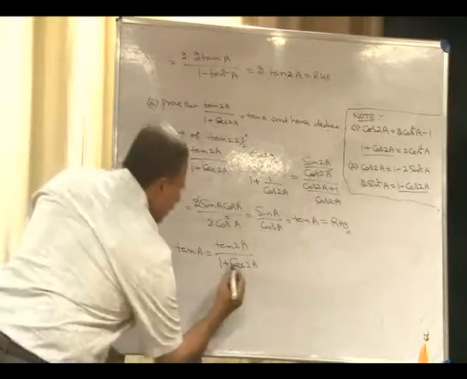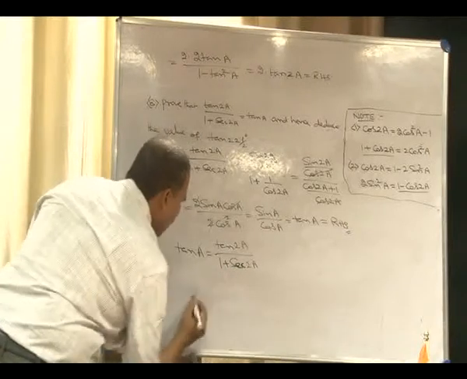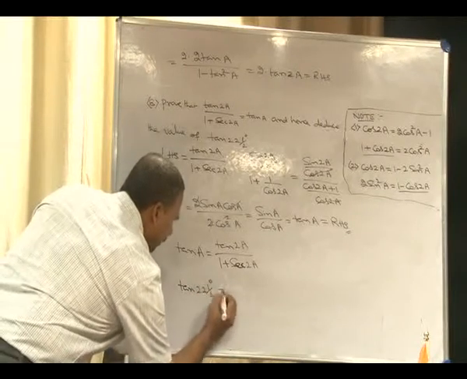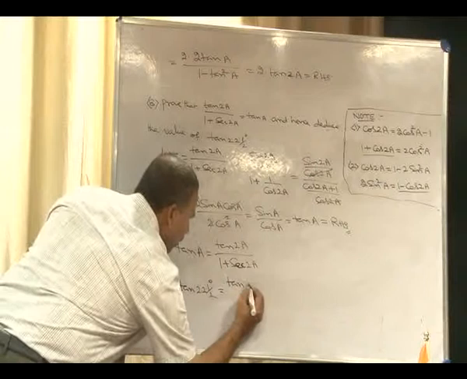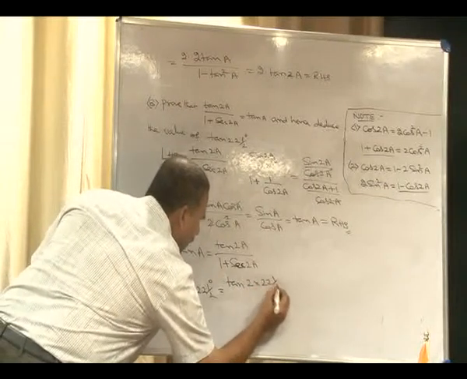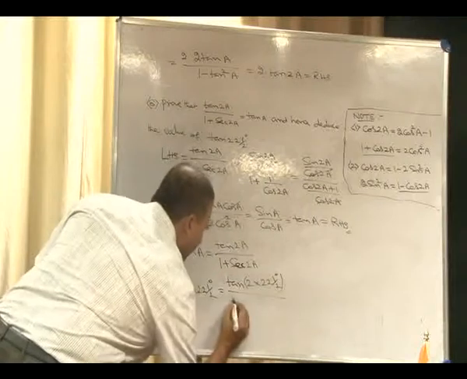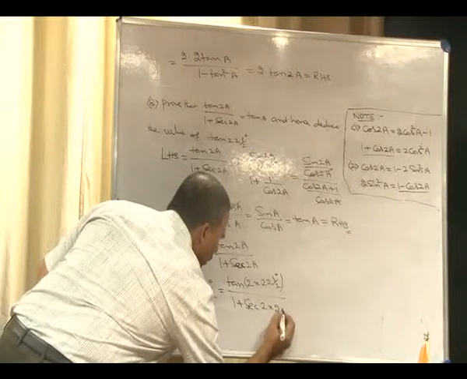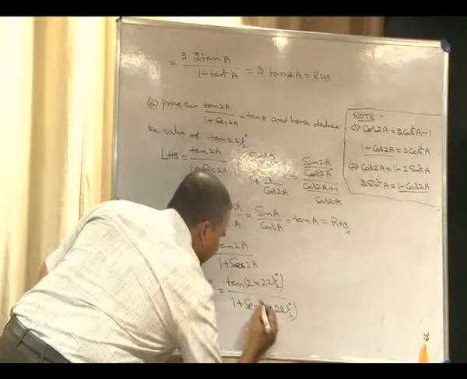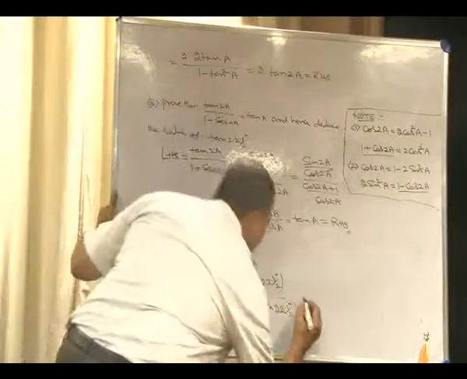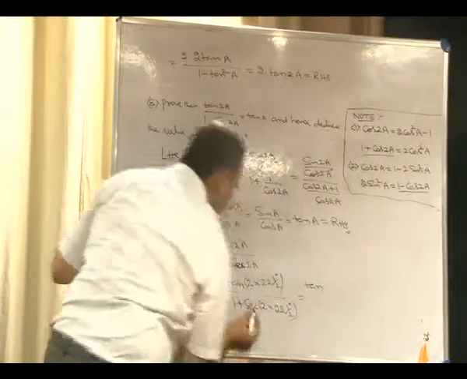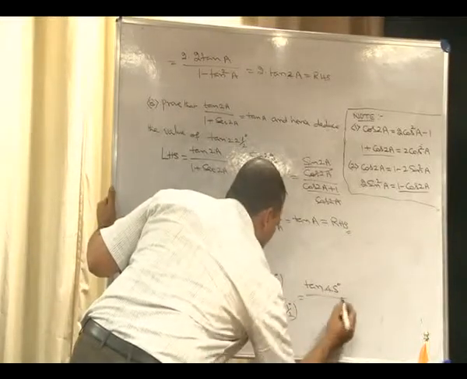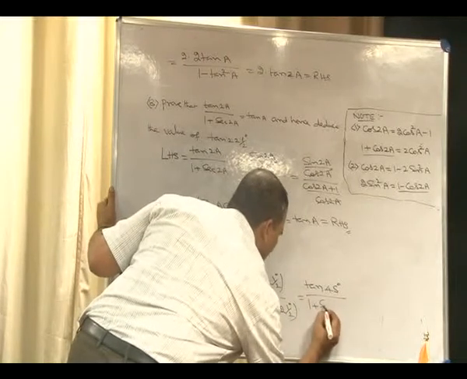In place of A there is 22.5 degree, tan 22.5 degree is equal to tan of 2 into 22.5 by 1 plus secant 2 into 22.5 degree, that is tan 45 degree by 1 plus secant 45 degree.